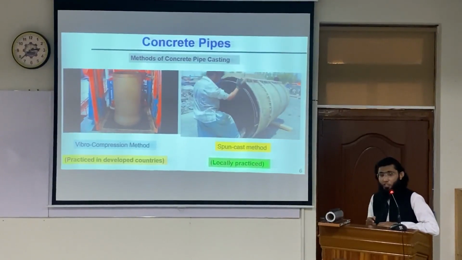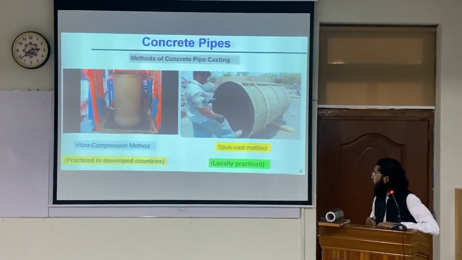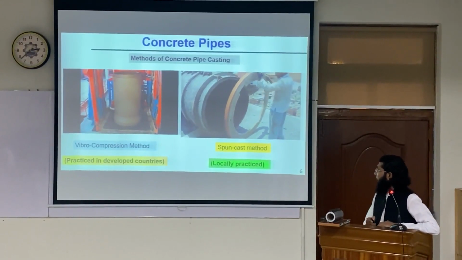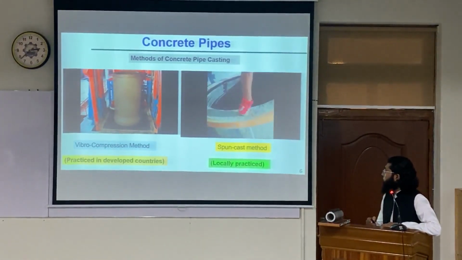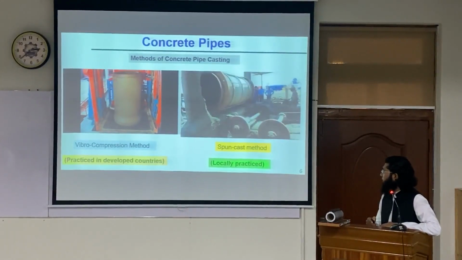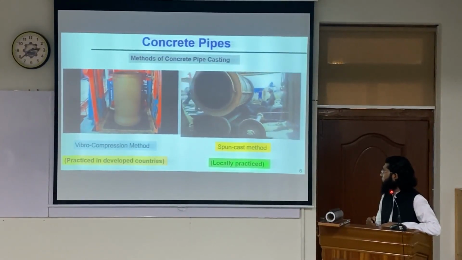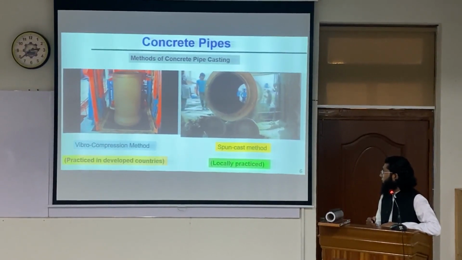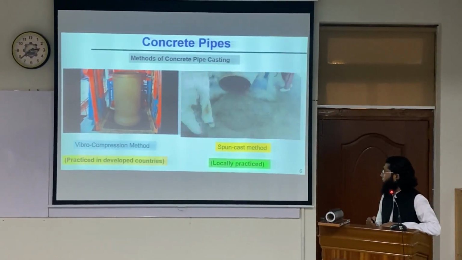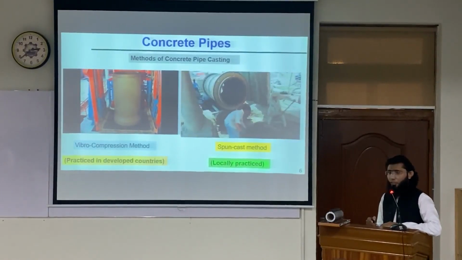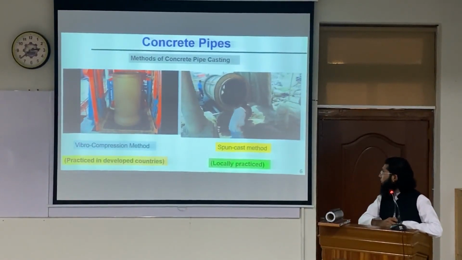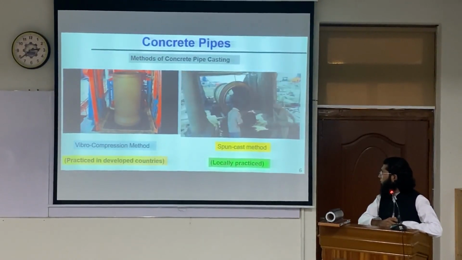The steel cage is inserted into the mold, and the end rings are attached, and then the mold is placed over the rollers. The concrete is mixed through drum type mixers, and it is handled and placed in the molds manually through shovels.